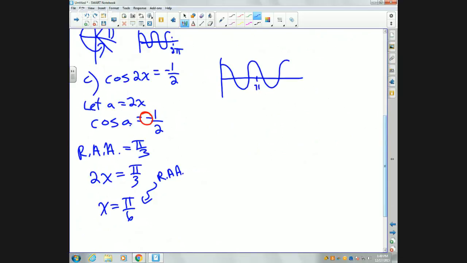So here's pi. This value here is pi over 2. And then pi over 6 is going to be, well, here's pi over 4. And pi over 6 is going to be a little bit less than pi over 4. I'll put it here.